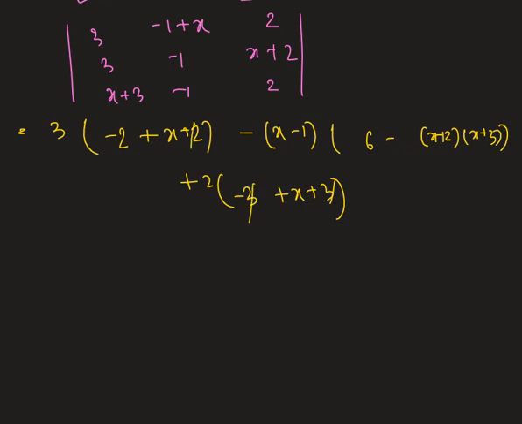These are going to be cancelled. We get 3x minus of x minus 1, here 6 minus x squared, here minus 5x and minus 6, and here we get 2x.